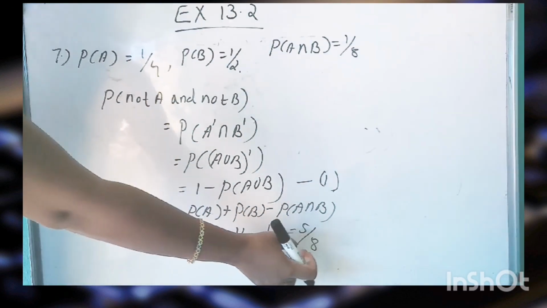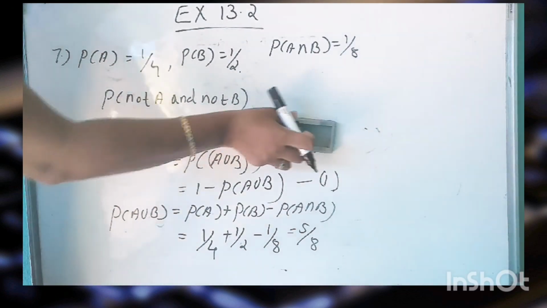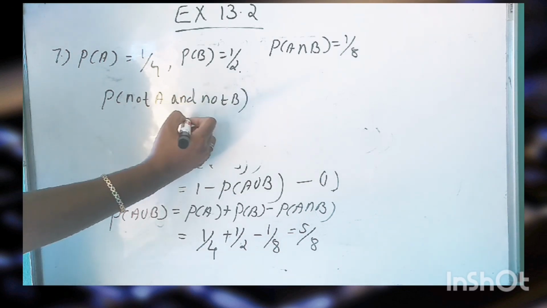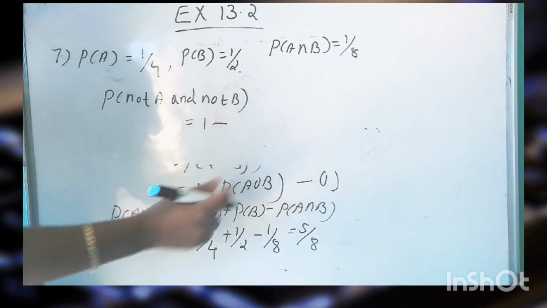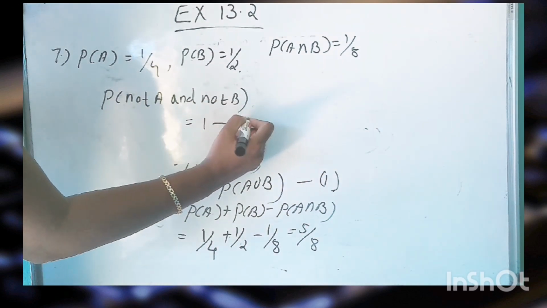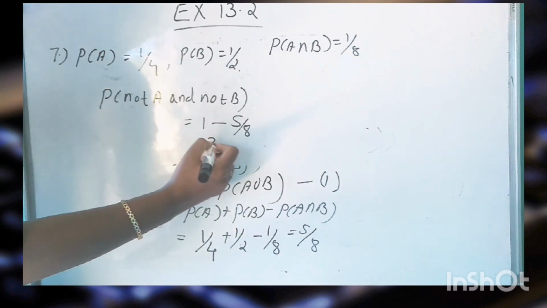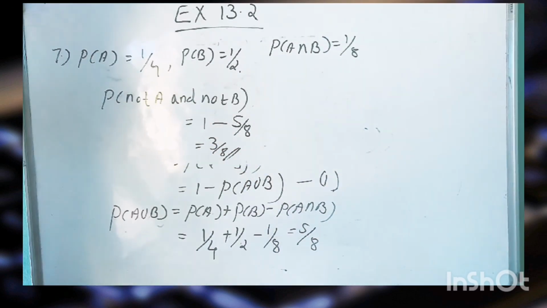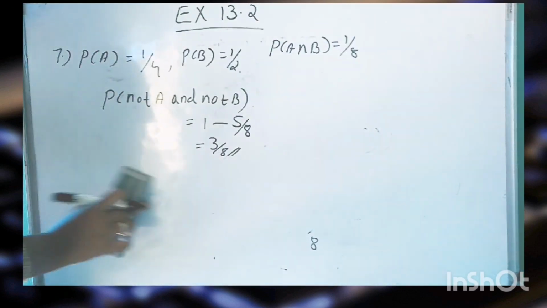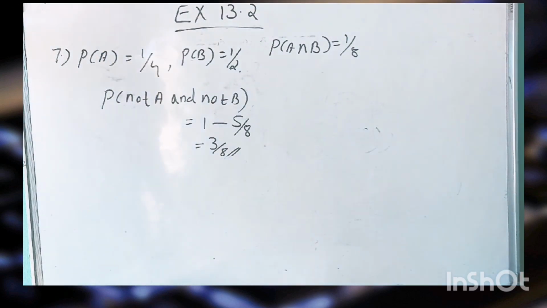Now we will substitute that value in equation number 1. Then P of not A and not B is equal to 1 minus P of A union B, and A union B value is 5 by 8. This is equal to 3 by 8. So, the probability of not A and not B is equal to 3 by 8.